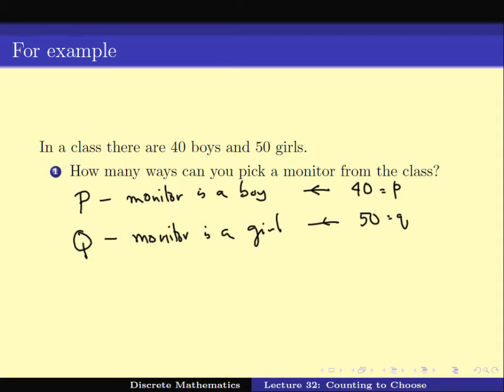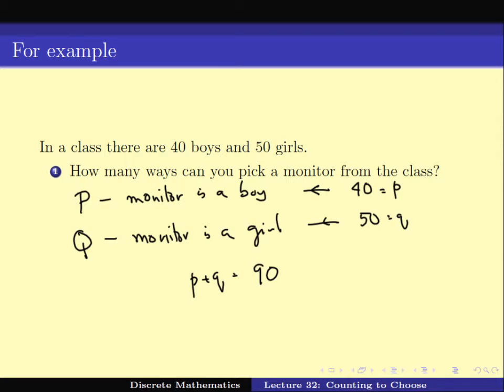Since there are 50 girls, the number of ways I can pick a monitor who is a girl is any one of the 50 girls, so 50. So the total number of ways I can pick a monitor who is either a boy or a girl is p plus q, which is 90.